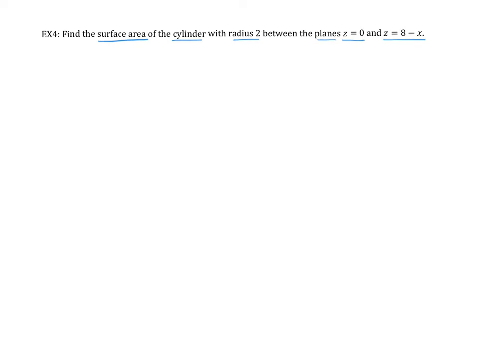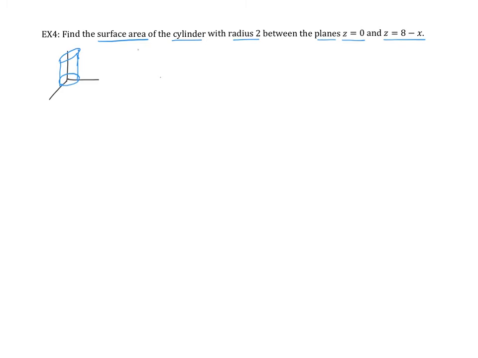Let me see if I could do a quick sketch, a sad sketch. So z is equal to 0. There'll be a cylinder down here, but there's going to be this plane that's chopping off the top part of it. So the plane above is going to be slanted. So something like that. Apologies again for my drawing.